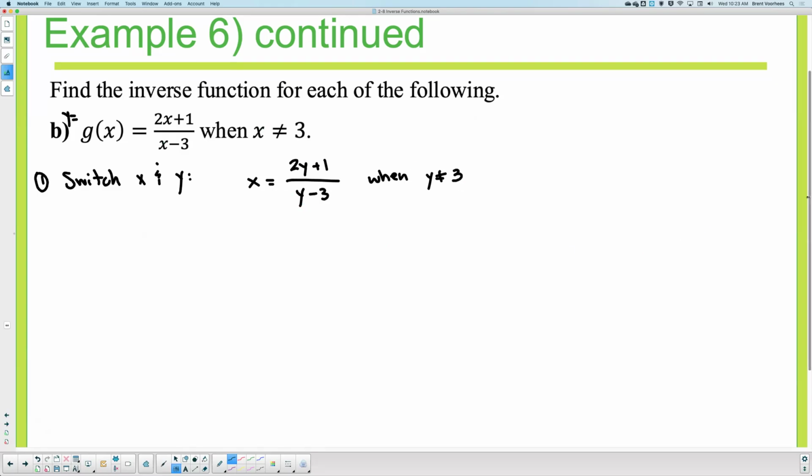Now we go through the process of solving. So we solve for our new y second. Solve for new y. And so to do that, we're going to first multiply both sides by the denominator y minus 3.